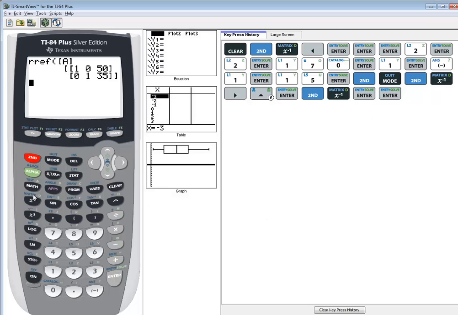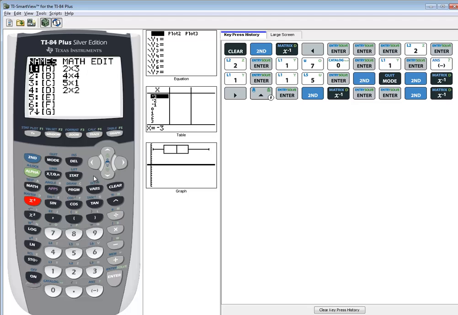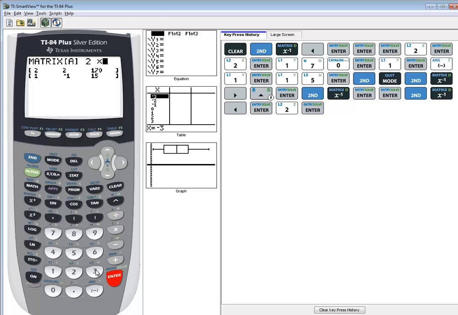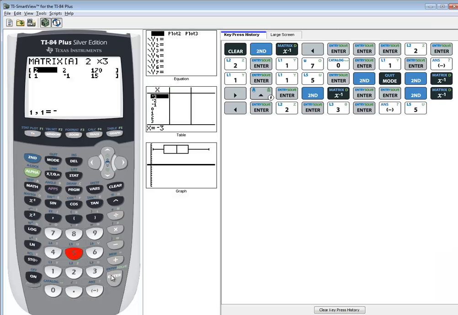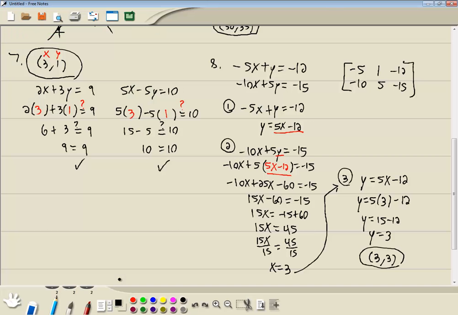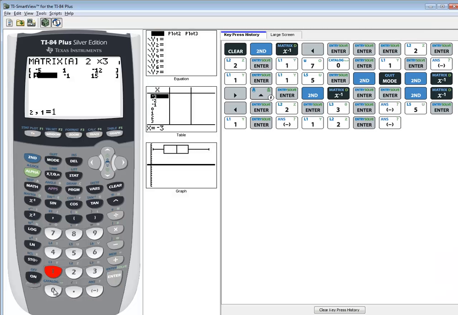Second, x negative 1, go over to edit, enter on A. It's 2 by 3. We got negative 5, 1, negative 12, and negative 10, 5, and negative 15.